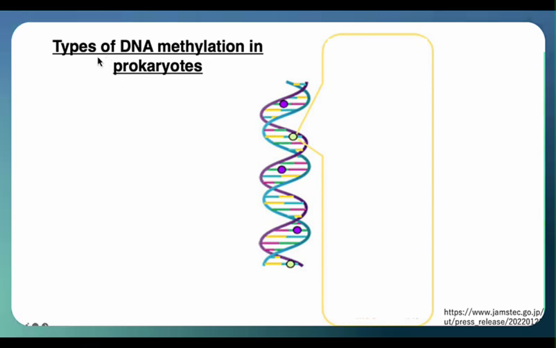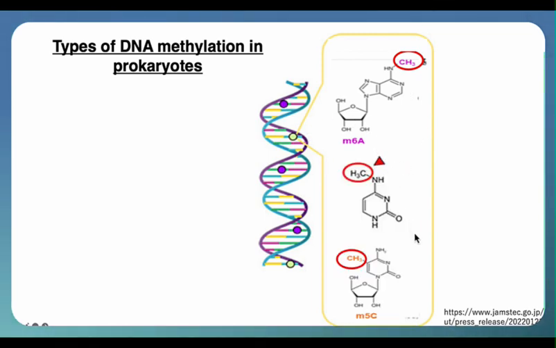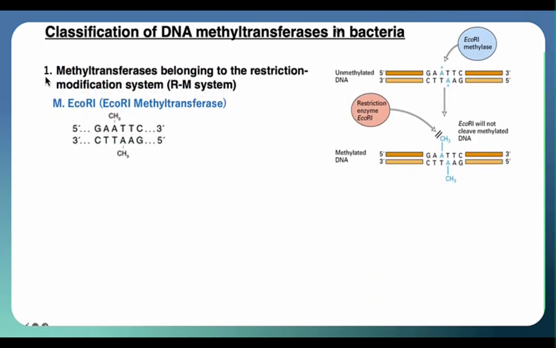Modified bases can also be found in prokaryotic genomes. These modifications include methylation of adenine and methylation of cytosine. Classification of DNA methyltransferases in bacteria. Restriction-modification, or RM, system.